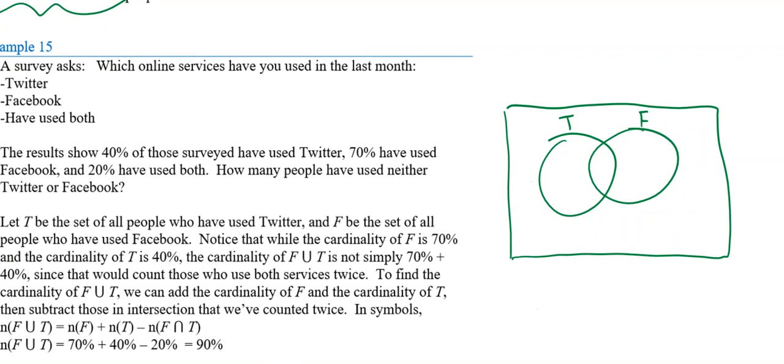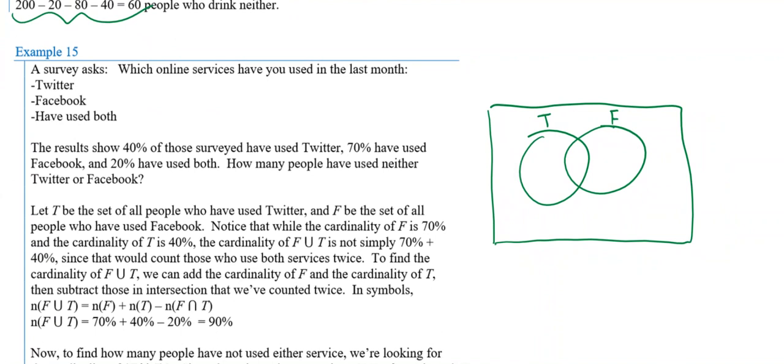All right, and then we're going to start making sense of the numbers they give us. It says the results show 40% of those surveyed have used Twitter. So what does that mean? If I'm going to start putting my numbers into this, you might say, okay, 40%, so I'll put a 40 there. But where does it attach to? In the last example, when I put the 40 there, that meant that half moon shape.